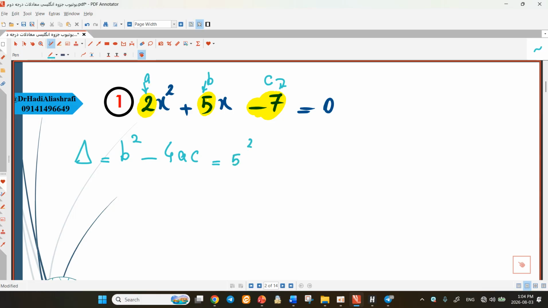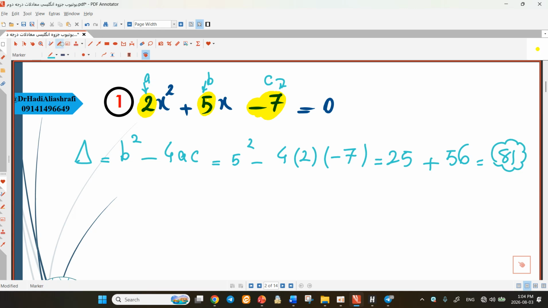5 squared minus 4 times a, which is 2, and c, which is -7, gives positive 81. The amount of this discriminant in this example is 81.